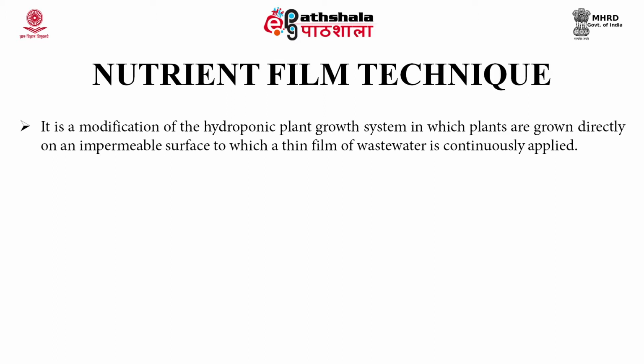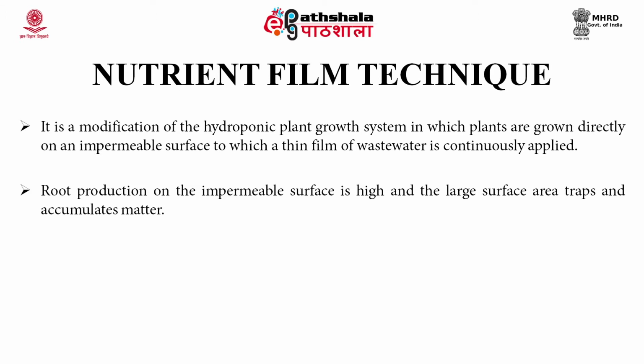The nutrient film technique is a modification of the hydroponic plant growth system, in which the plants are grown directly on an impermeable surface, to which a thin film of wastewater is continuously applied through a pump. The root production on the impermeable surface is very high, and the large surface area traps and accumulates the matter.